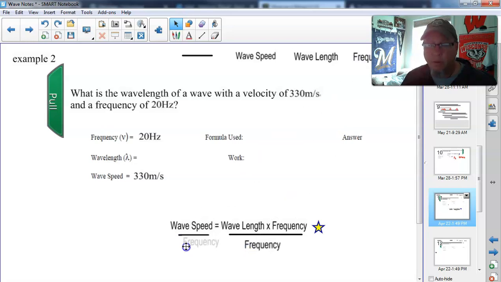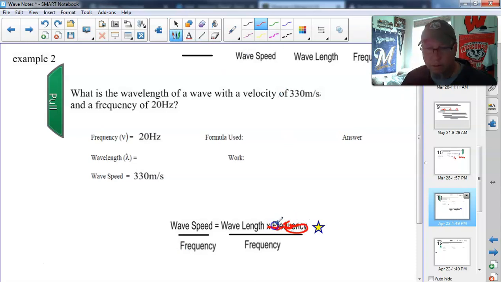And if I divide both sides of the equation by frequency, well then what I get is frequencies will cancel out over here. And I get a formula that says wave speed over frequency equals wavelength.